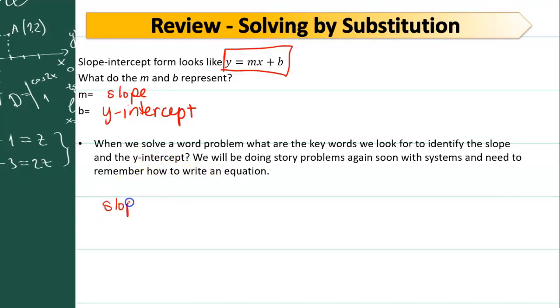Well, to identify the slope, you're looking for words like per, each, and every. Something that's happening over and over and over. So $5 for each cookie box sold, $3 per magazine sold, 5 miles per day, 20 miles every week, those kinds of things.